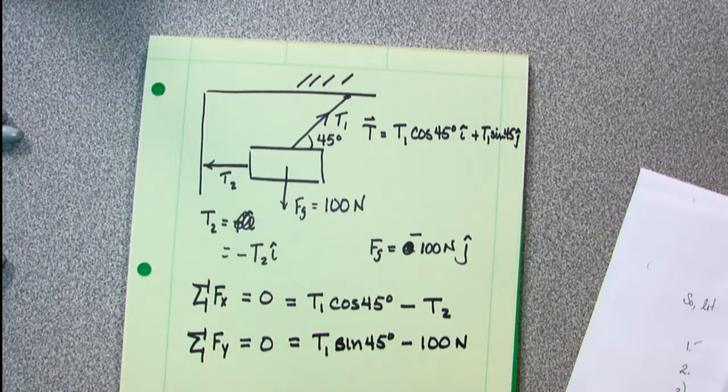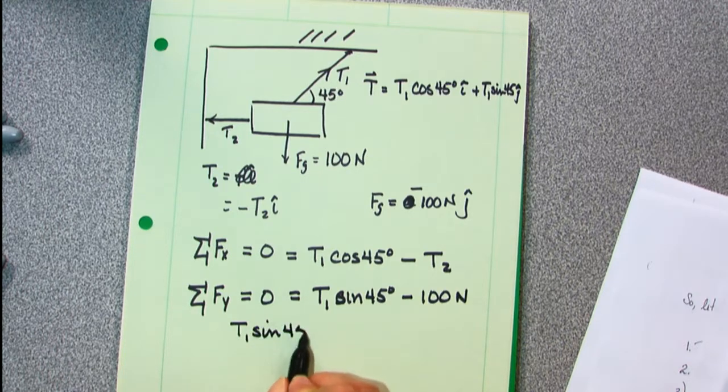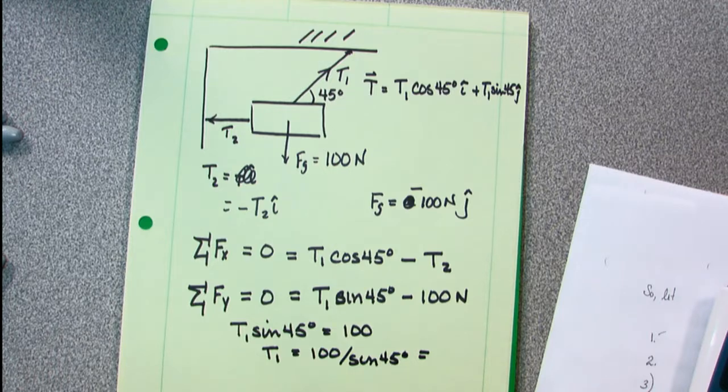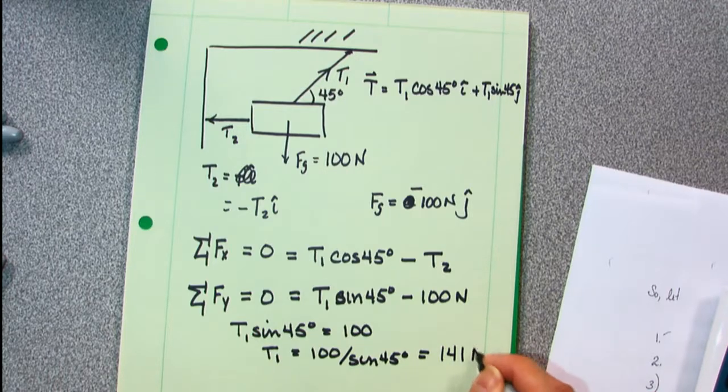Two equations, two unknowns. Well, I can solve for T1, so I get T1 sine 45 degrees is equal to 100. T1 is going to be 100 divided by the sine of 45 degrees. That's going to be 141 newtons.